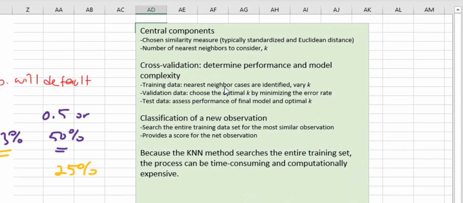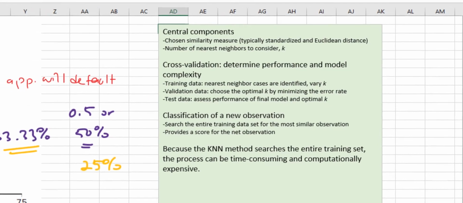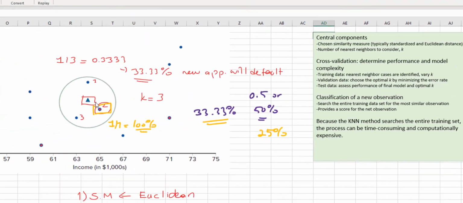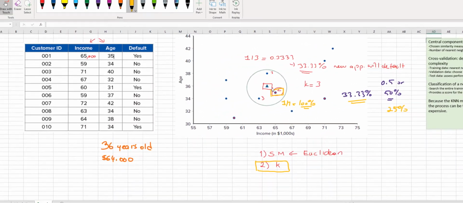Analysts use the validation dataset to choose the optimal k by minimizing the error rate. In some software applications, such as Analytics Solver, the test dataset is used to assess the performance of the final predictive model and the optimal k value. In the following video, we will see the application of the KNN model using Analytics Solver.